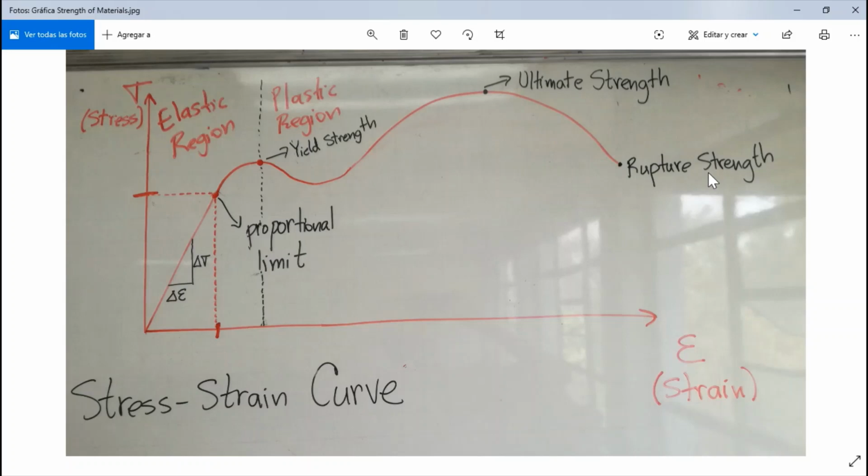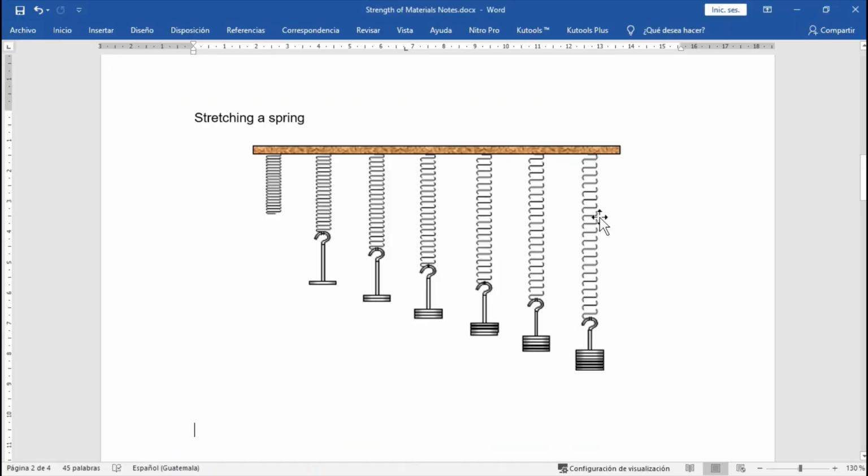That means the spring breaks, because they are not completely unbreakable. So there will be a moment in which the spring will break, and this is the rupture strength. For example, here in the little graph, we can say that this point is really close to the rupture part, right? Because obviously in this part it is plastic, and it's getting close to its rupture. So there we go. Let's go back.